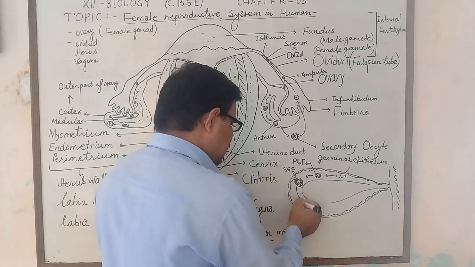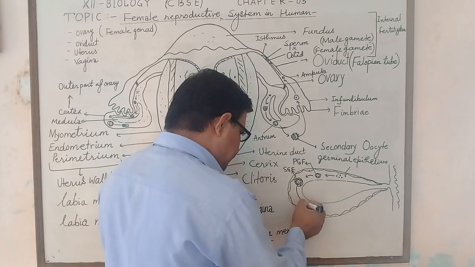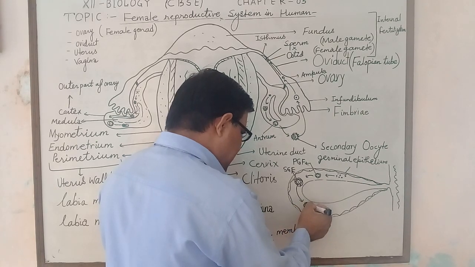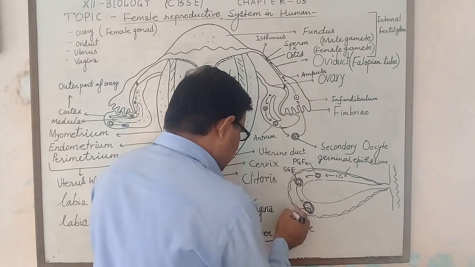After this, the secondary Graafian follicle develops the secondary oocyte and a fluid-filled cavity surrounded by the membrana granulosa, and this is the tertiary Graafian follicle.